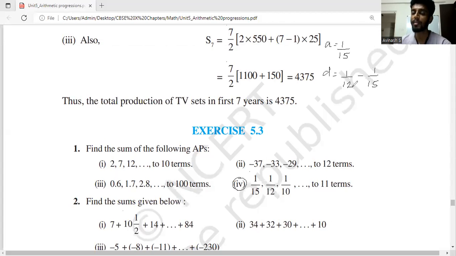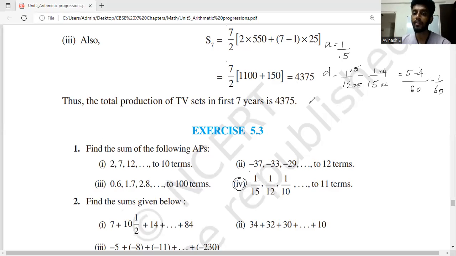The multiple that is common for 12 and 15 is 60. So we all know 12 5 times is 60. So we multiply 5, and we know 15 4 times is 60. So we do like this. So we get 5 minus 4 divided by 60. So we get it as 1 by 60. So the common difference, we are getting it as 1 by 60.